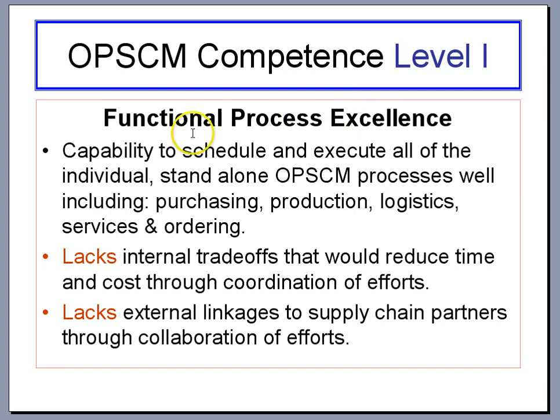So level 1 competence is functional process excellence. We're excellent in each one of the functional areas. It's the capability to schedule and execute individual standalone processes. But as any systems expert will tell you, that alone will not guarantee you the optimum from your network, the optimum from your system, because what it lacks is the internal trade-offs that would reduce conflict and cost through coordination of efforts.